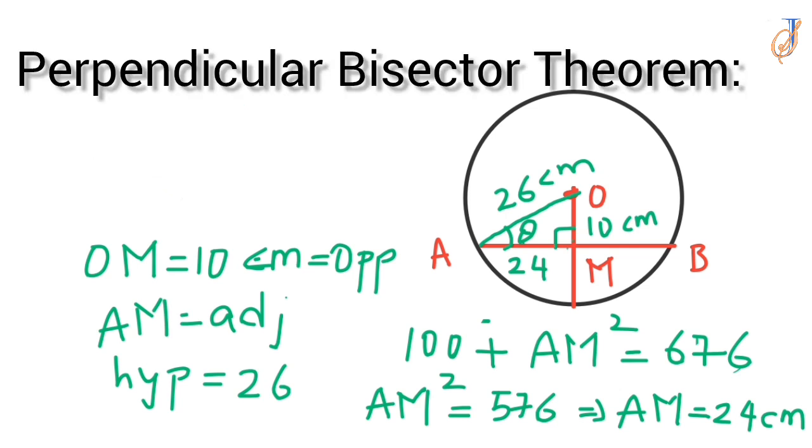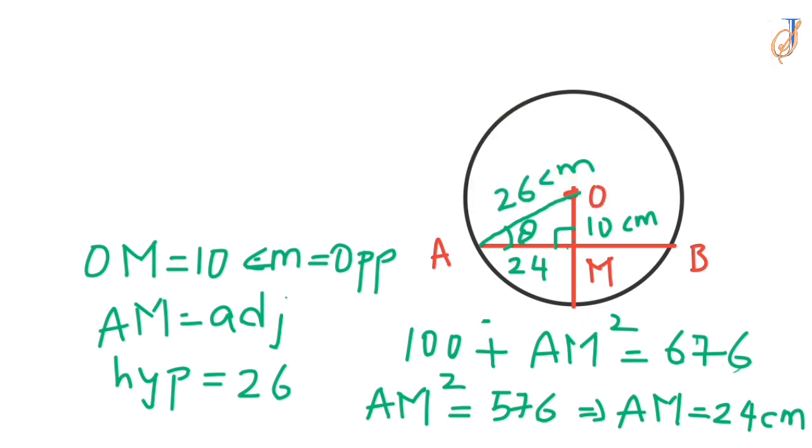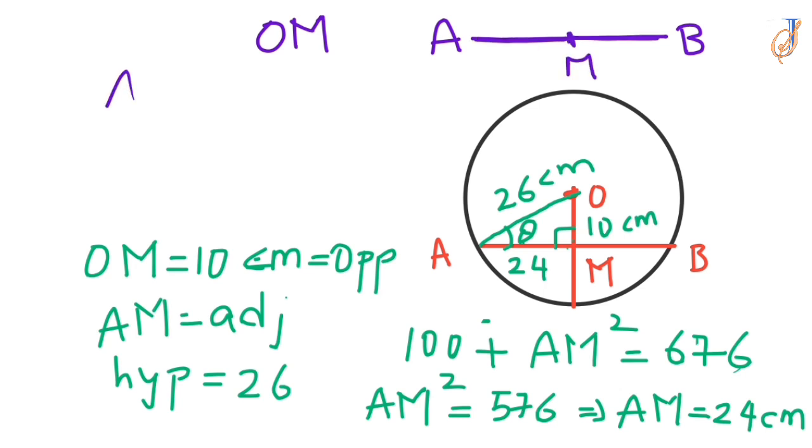Just recall the perpendicular bisector theorem. It states that a radius perpendicular to a chord divides the chord into two equal parts. So OM is our radius, and OM divides the chord into two equal parts. So we can say that AM equals MB.